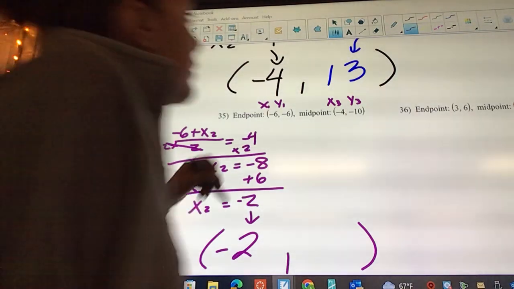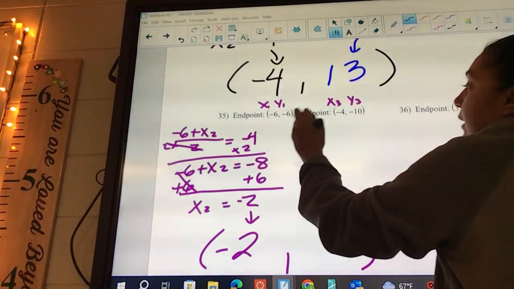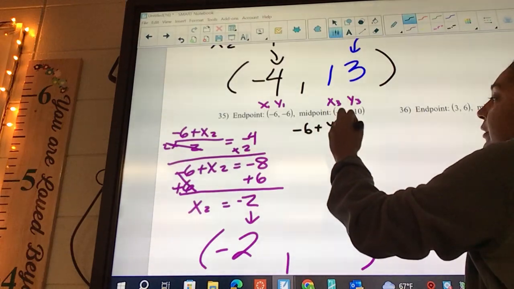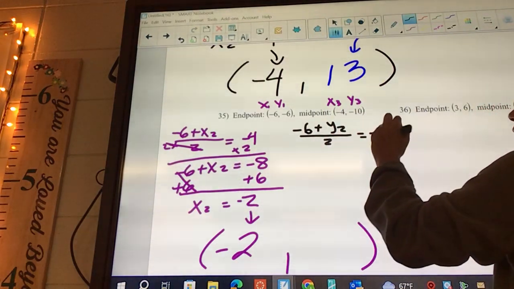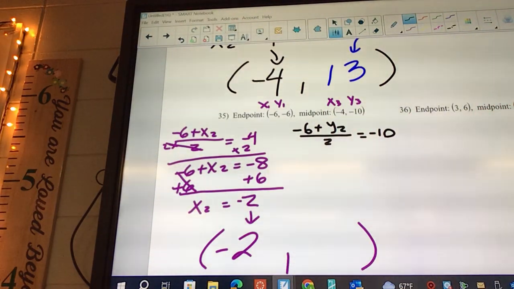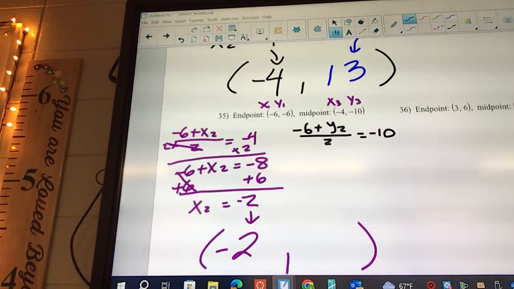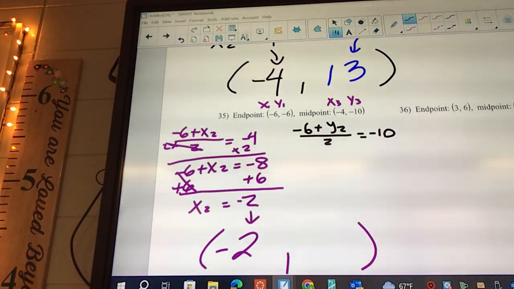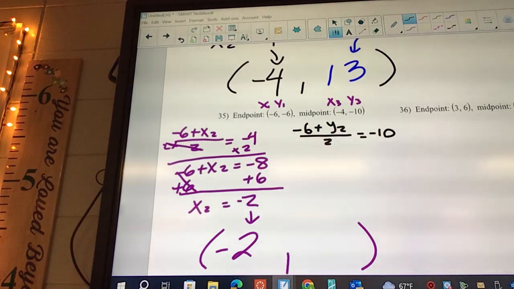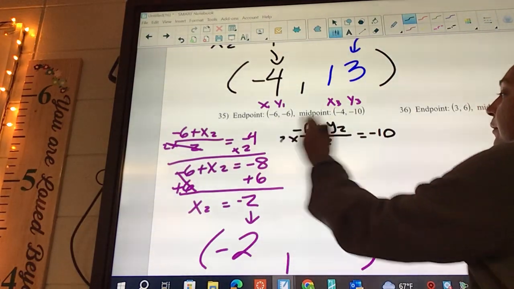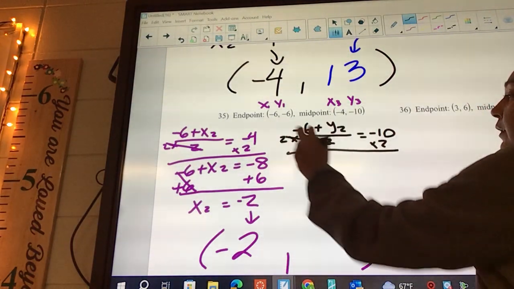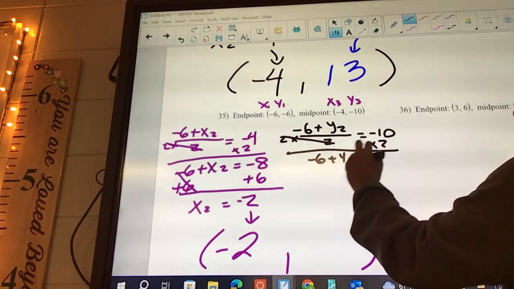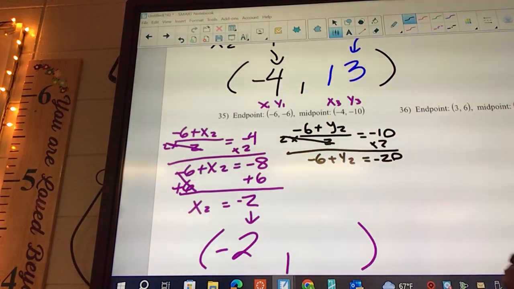Okay, for the y's, we're going to say -6 plus y2 over 2 equals -10. We're going to times by 2 on both sides. I got -6 plus y2 equals -20.